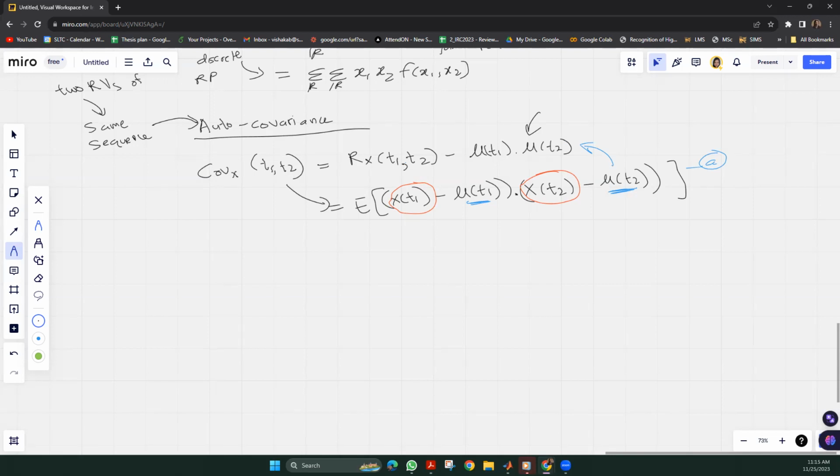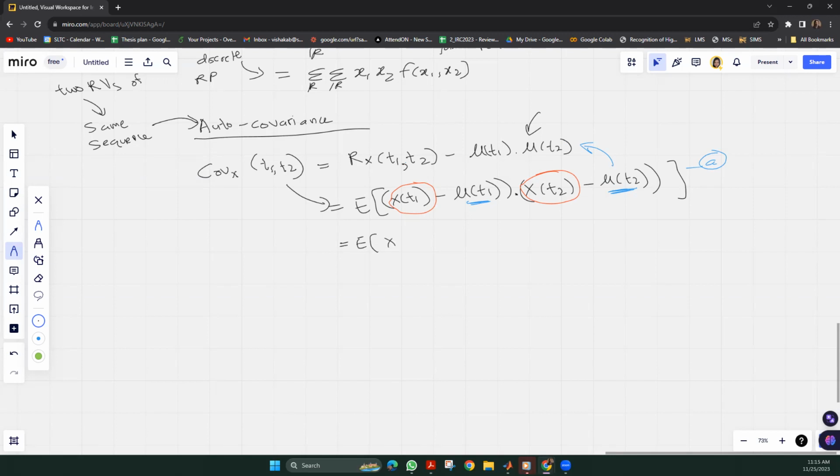Actually this one we did last week as well. The same computations that we did last time will be done here as well. Starting from this definition in equation A, we can write the expectation, and inside the expectation we can take the multiplication between these two brackets.